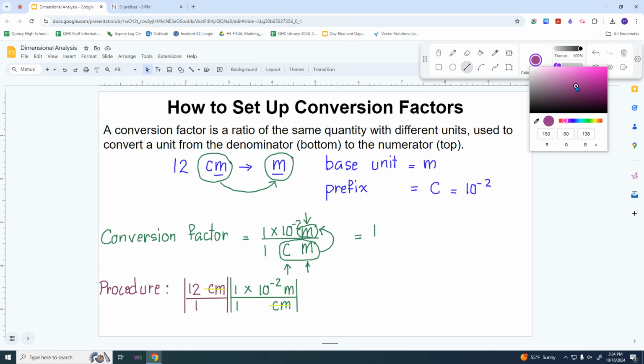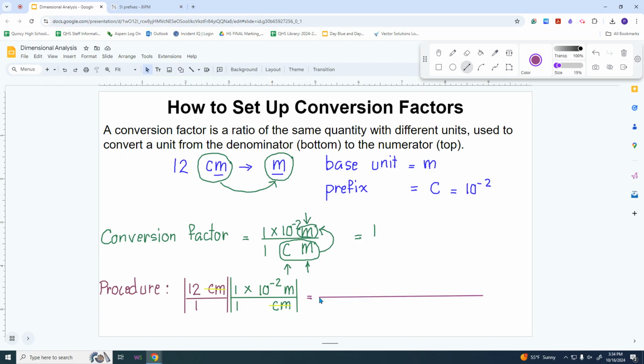A lot of students at this point of your education have problems multiplying fractions. So this is my advice. Draw a long line, and read on the top from left to right. You see number 12, put number 12 down, and then you read further. You see cm, you're not going to put it down because you already crossed it out or canceled it out.